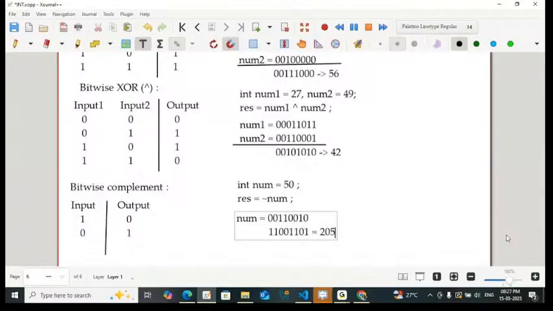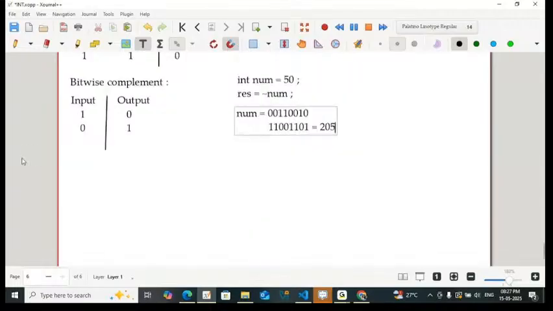Then we have left shift. Okay, so next we have left shift. So left shift means shifting the bits of a number to the left. Okay, that is left shift. So let's say there is an integer variable called num stored with 15.